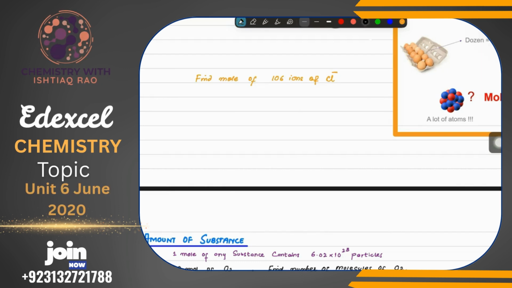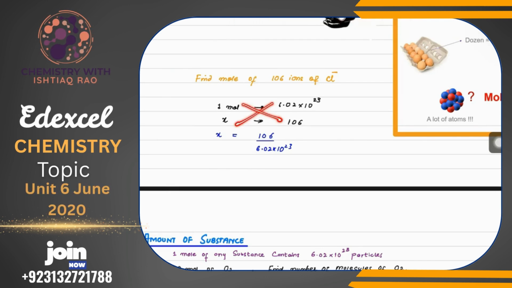Yeah, so basically the pattern is that if 1 mole is equal to this many ions, and I have 106 ions, what would be the number of moles? Then it's going to be X. So X is equal to 106 divided by 6.02 times 10 to the power 23, isn't it? Basically, what I did, I cross multiplied it. That's it.